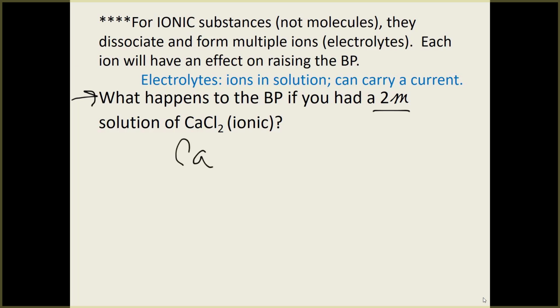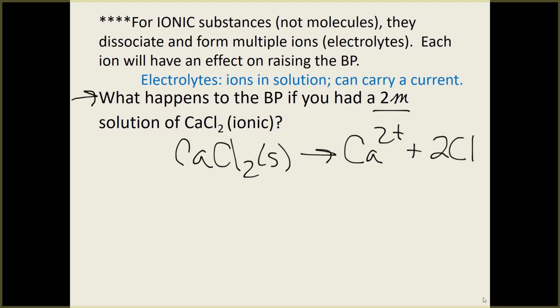And recall calcium chloride is ionic. It will split up into its ions, and I get 3 ions. So you can see that compared to sugar, which is molecular and just stays together, with calcium chloride you get triple the bang for your buck, so to speak. So you will triply raise it compared to sugar.